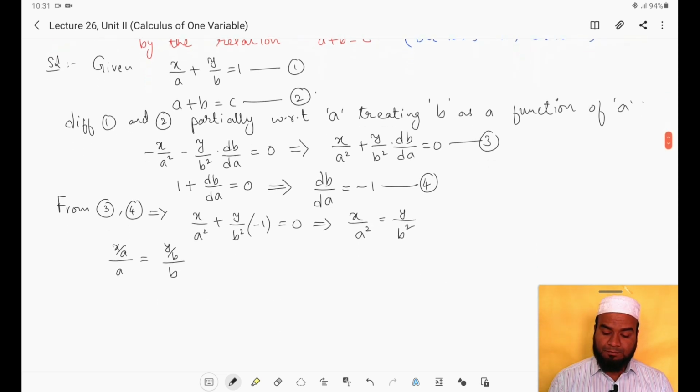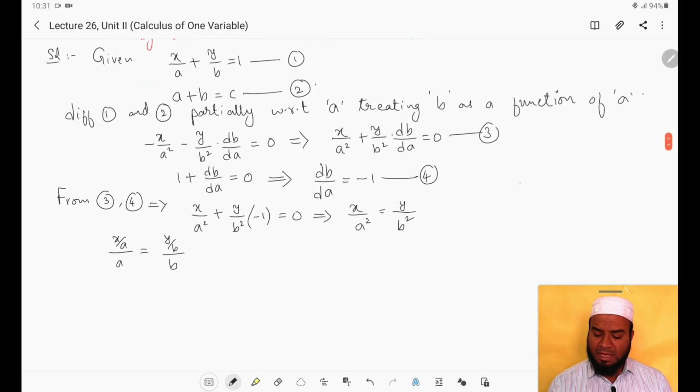Now we know that, suppose we have 1 by 3 equals some other fraction like 3 by 2, then when we add the numerators and the denominators, 1 plus 3 by 3 plus 2.